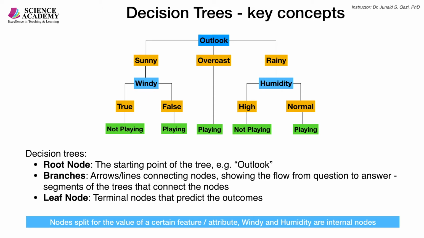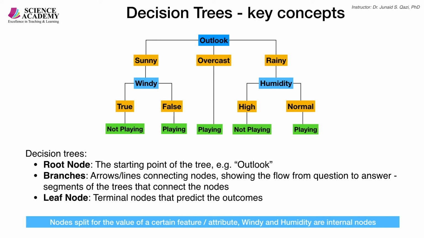Let's explore a little more on the tree and its main parts. In our decision tree example, outlook, which is in darker blue color, is a starting point. This starting point in a decision tree is called the root node. Black lines are connecting nodes and also show the flow from question to the answer.